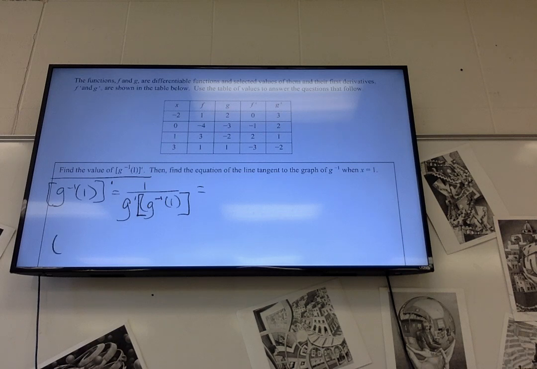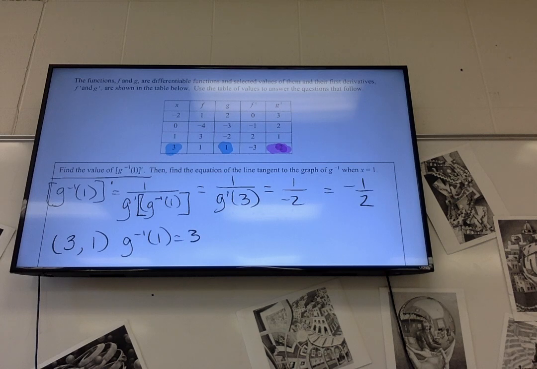That means we look at our little table and find 1. What gives us 1? I looked at the wrong one. It's 3. So G inverse of 1 is 3. So it's 1 over G prime of 3. G prime of 3 is negative 2. So it's negative 1/2.